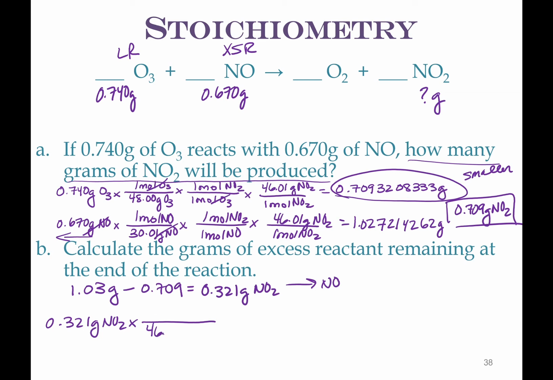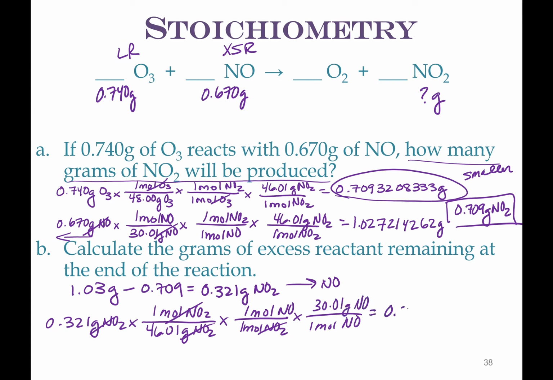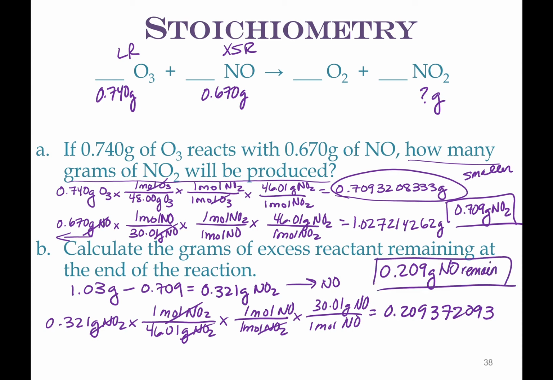So 46.01 grams of NO2 for 1 mole of NO2. 1 mole of NO2 produces 1 mole of NO. And that 1 mole of NO has a mass of 30.01 grams, giving us 0.209372093, or with 3 sig figs, 0.209 grams of NO remain, or are left over.